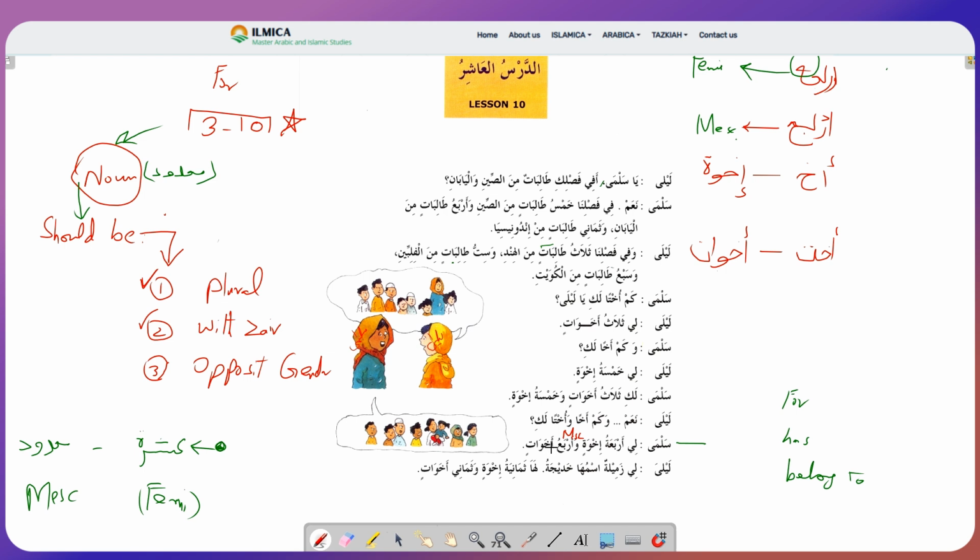So here akhawat is feminine and the number is masculine, without the round ta. In this way, we are applying this rule on all the sentences, on all the Madood.